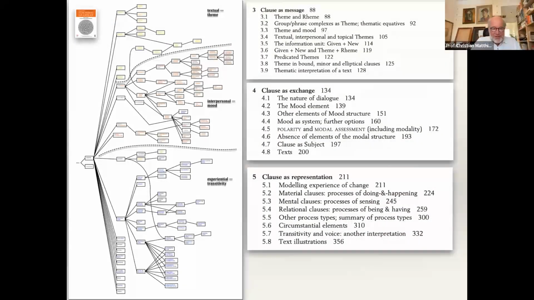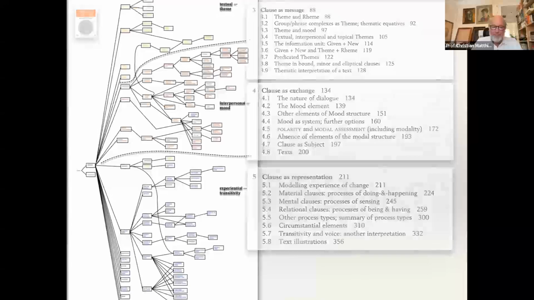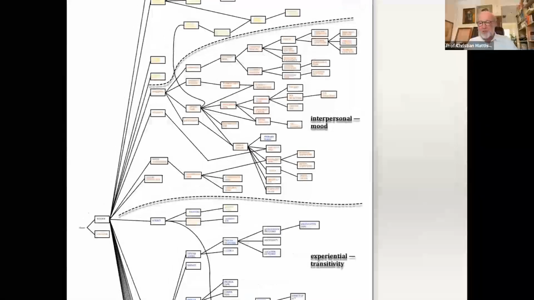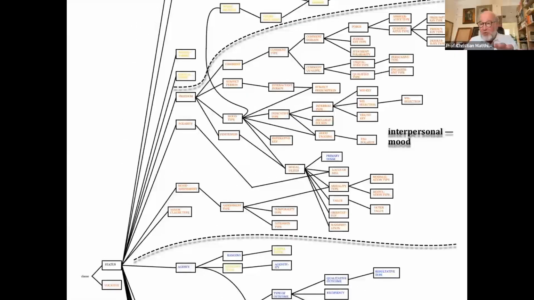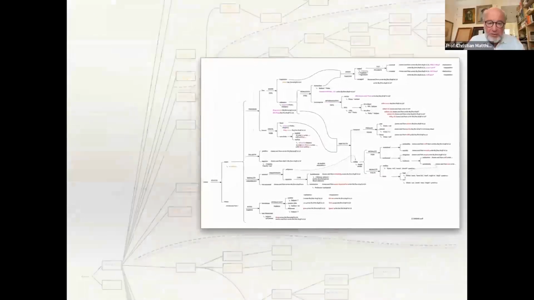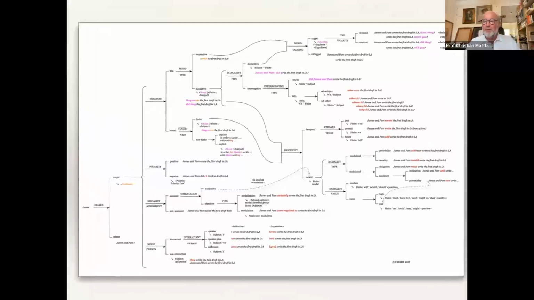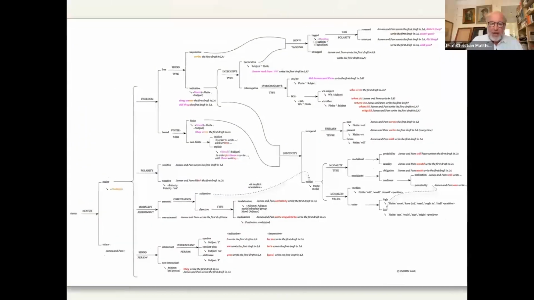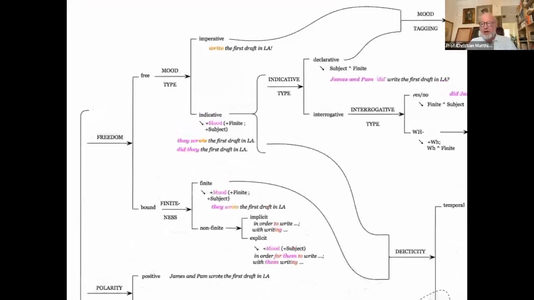And if you look at the chapters in IFG, you could locate them in terms of the different systems represented as part of the total resources of the grammar of English. And the area we started with, interpersonal grammar, mood, you can then zoom in and look at this in more detail. You can look at the system networks with examples or links to text and use this as a way of gradually moving through.